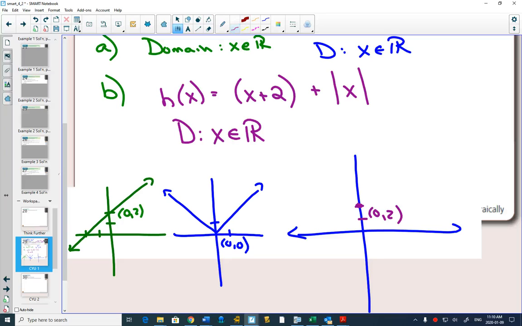If I take a point here, -2, 0, and I take that same point at -2 on my blue graph, -2, 2, and I add those points together on my purple graph, I get -2, 2.